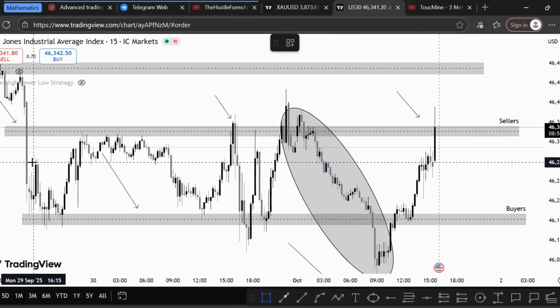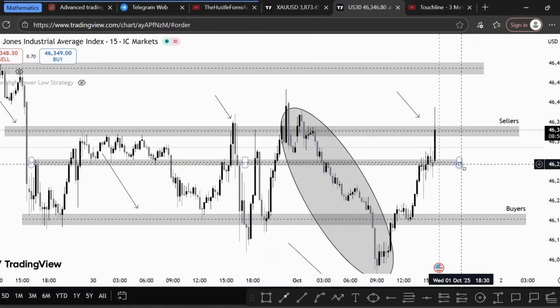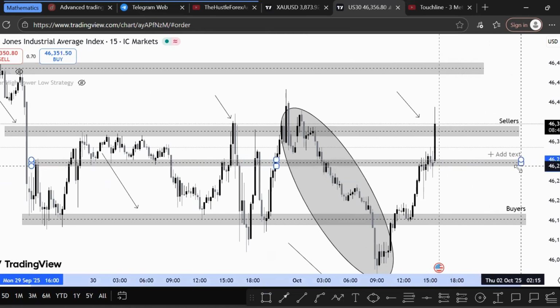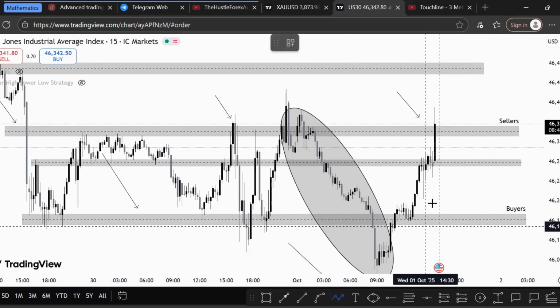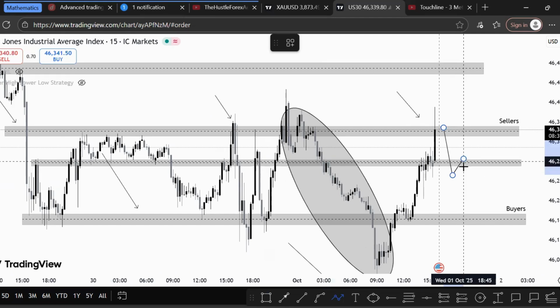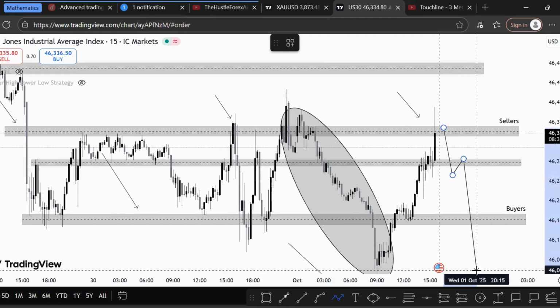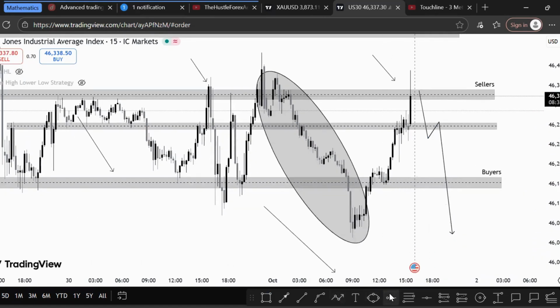So we see price has been bouncing off this level that is here. So you want to see probably a nice clean break below, breaking these lows here, lower high, before you can take an entry, probably back to that level that is currently here.